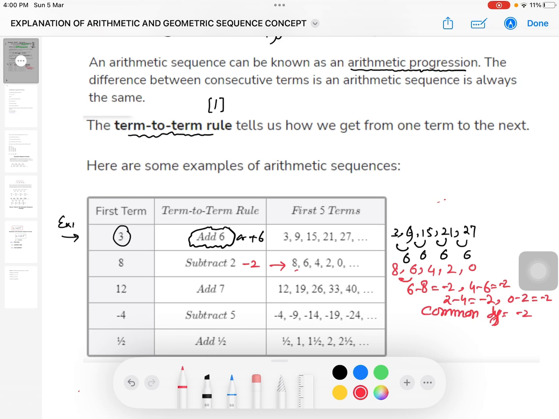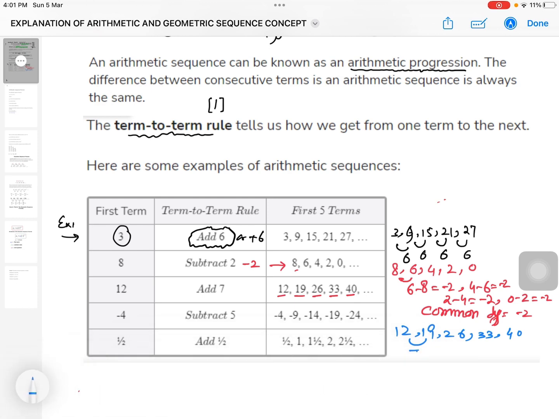In this sequence, I'm changing color again. I'm writing here this sequence: 12, 19, 26, 33, 40. Now the difference of these two is what? 7. The difference of these two is what? 7.